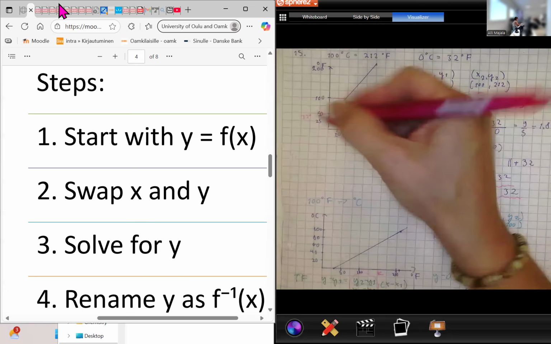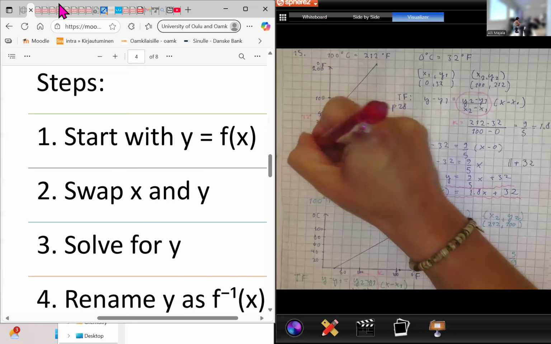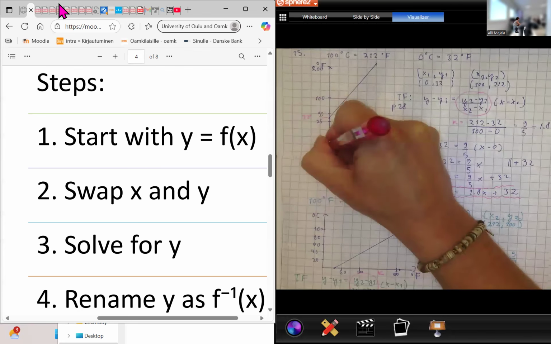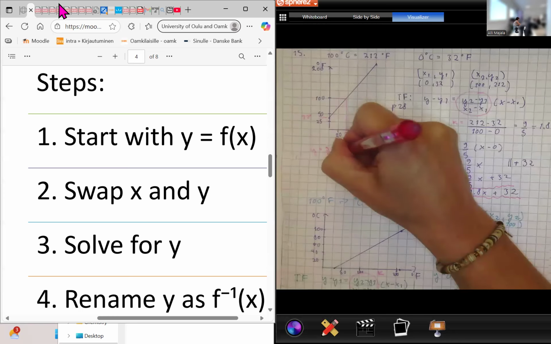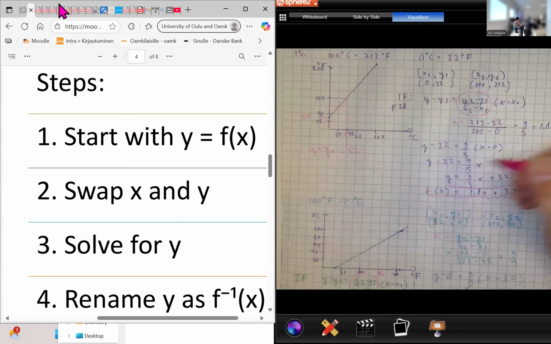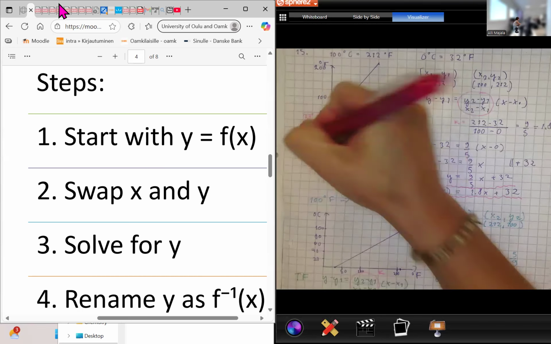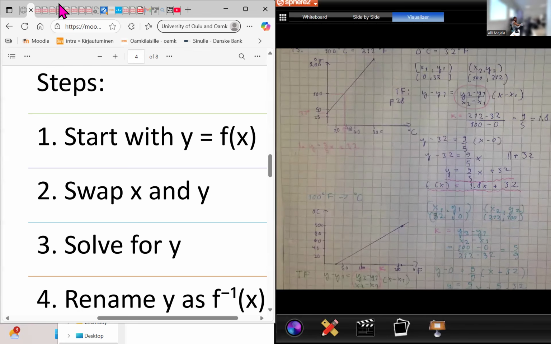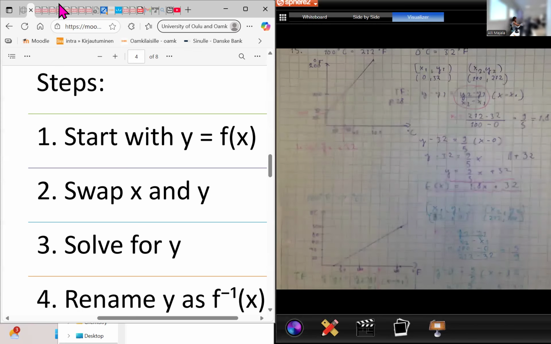So I'll just write it here quickly and then we progress. So it was like this, plus 32. Okay. And this is our first step, like it says there. Start with y is f(x). So now I have y is f(x). It's not very accurate.